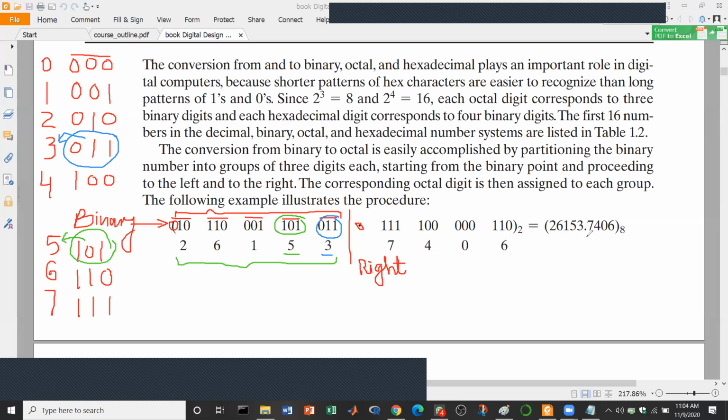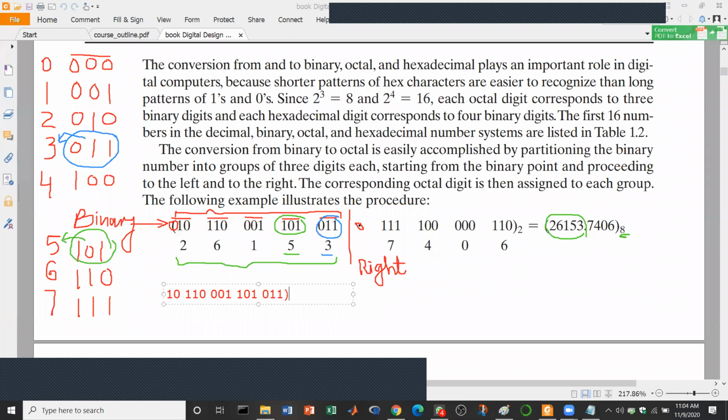So as you can see this part, the base 8 is written here. This number finally I can write as 10 110 001 101 011.